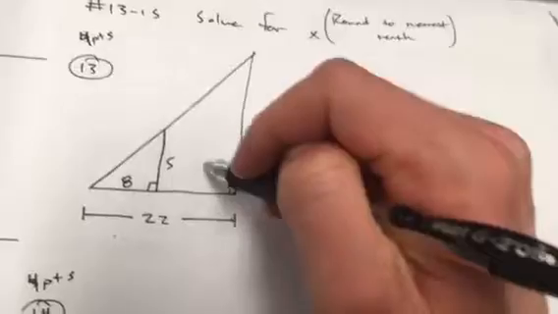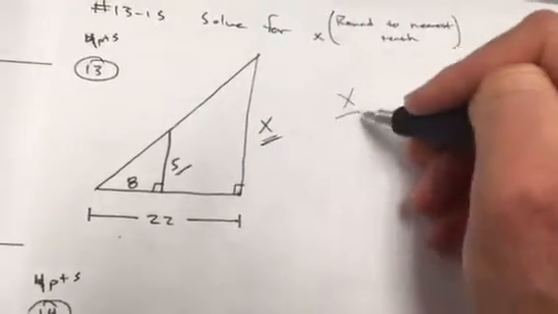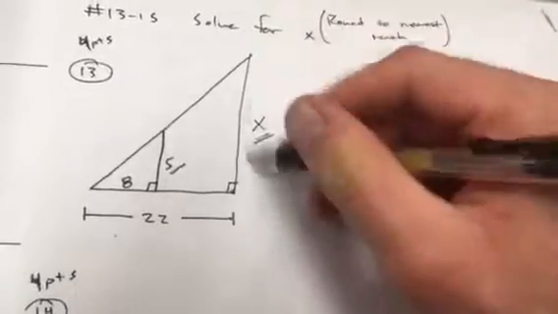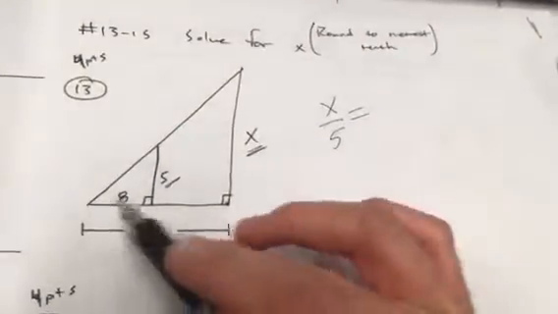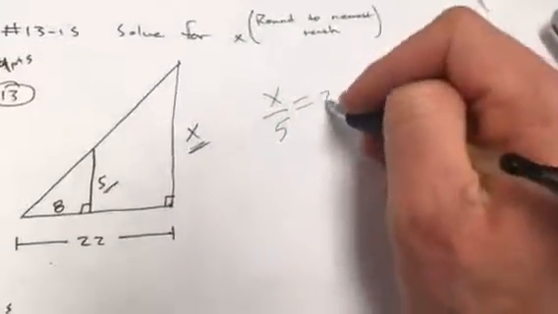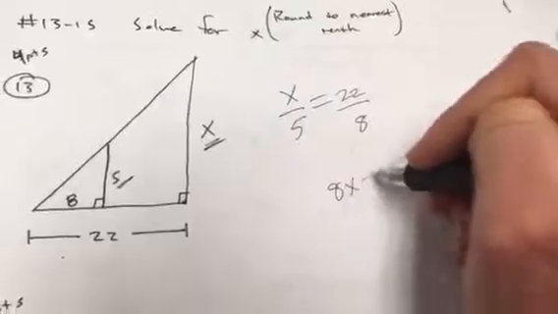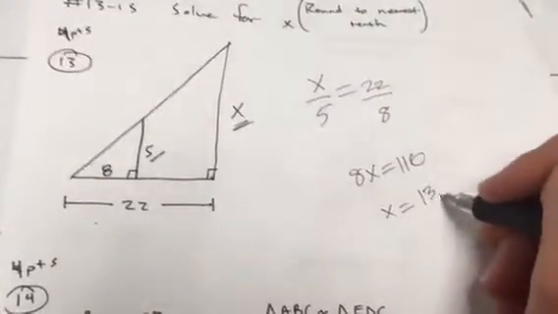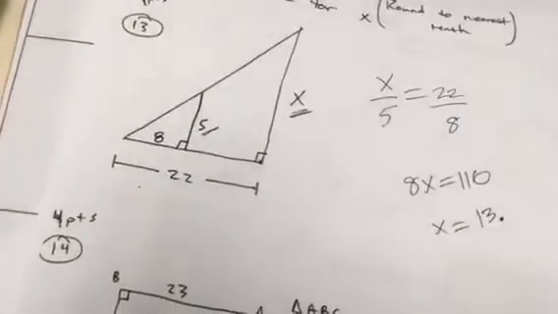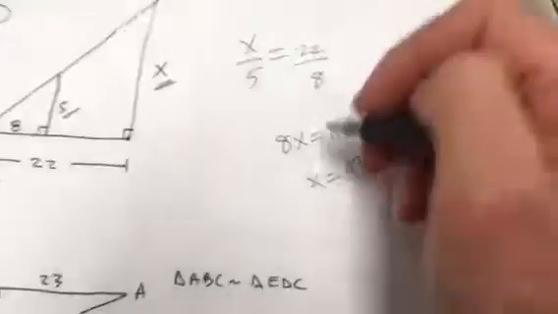So x would correspond with 5. x over 5, the big triangle's height over the small triangle's height, is equal to the big triangle's base, 22, over the little triangle's base, 8. Cross multiply, 8x is equal to 110. And divide, I believe we get 13.75, which technically rounds to 13.8.